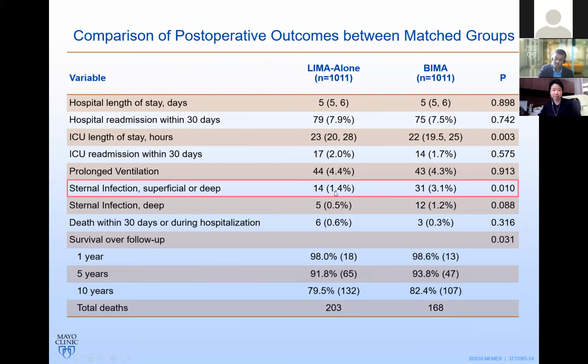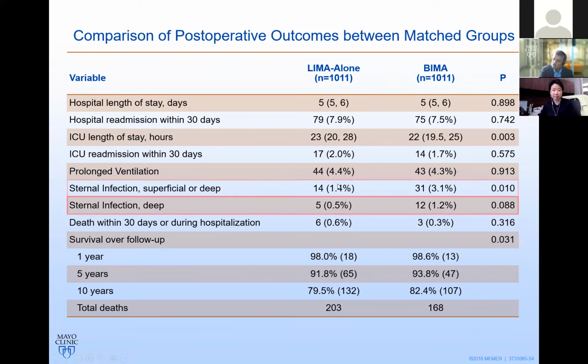And this is somewhat understandable because the internal mammary arteries supply the breastbone of the chest and are important in terms of providing blood supply for the healing of the bone. So an increased risk for infection is understandable.